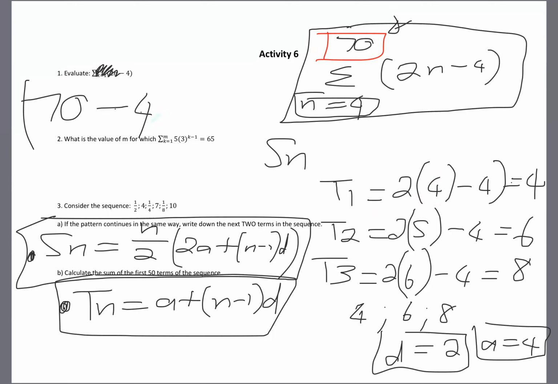Right? Yes, ma'am. And that's why at my 70th term, I know that it is not my 70th term, but only my 67th term, because I have to minus the 3 that I skipped in the beginning. I know it's a bit confusing, but because my starting point was not at 1 but at 4, my end point has to compensate for those 3 I skipped.